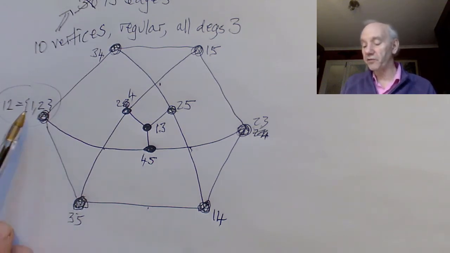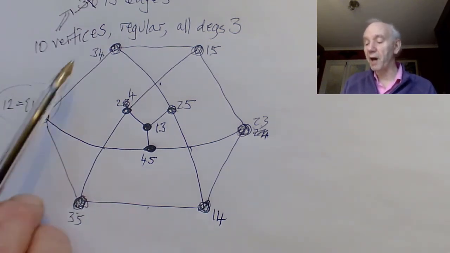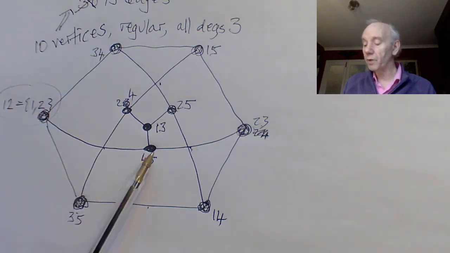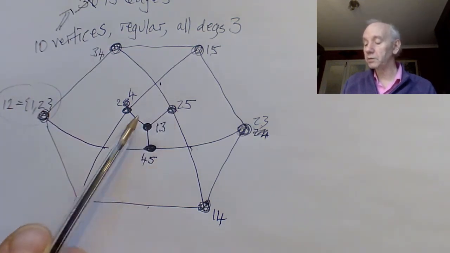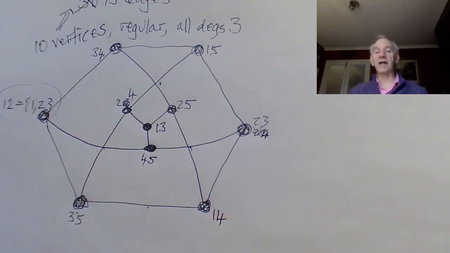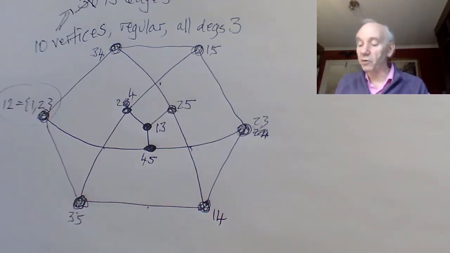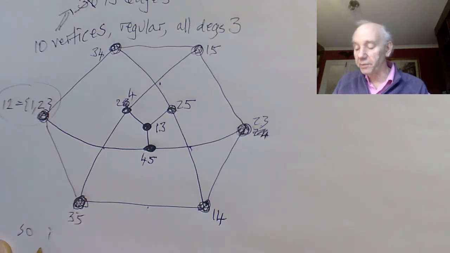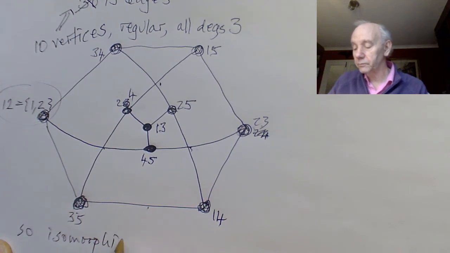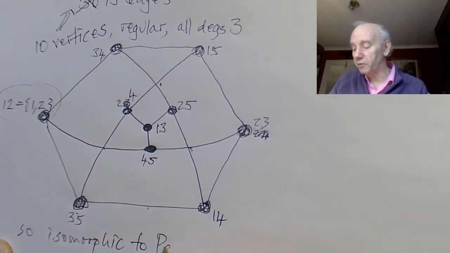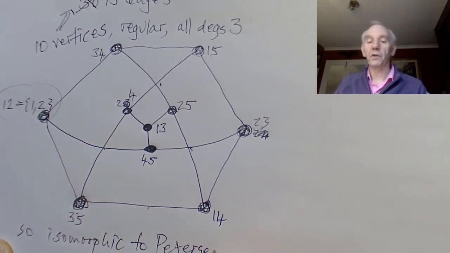And if you check, you'll find that no two adjacent subsets have a number in common. I've done it correctly. Okay, so that proves that this configuration is isomorphic to the Petersen graph. Really is Petersen.